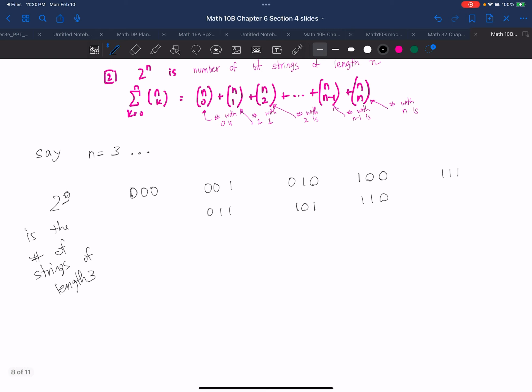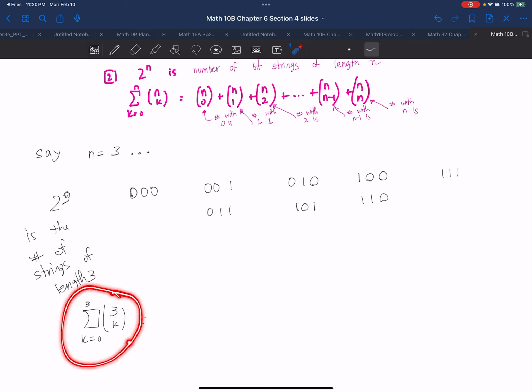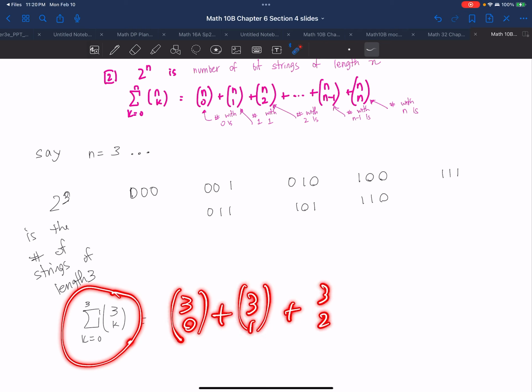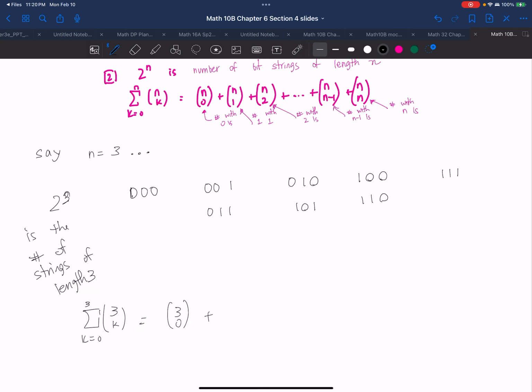Now, if I'm adding up the sum of 3 choose k, k equals 0 to 3, this is supposed to be 3 choose 0 plus 3 choose 1 plus 3 choose 2 plus 3 choose 3. This is the number of strings with no ones.